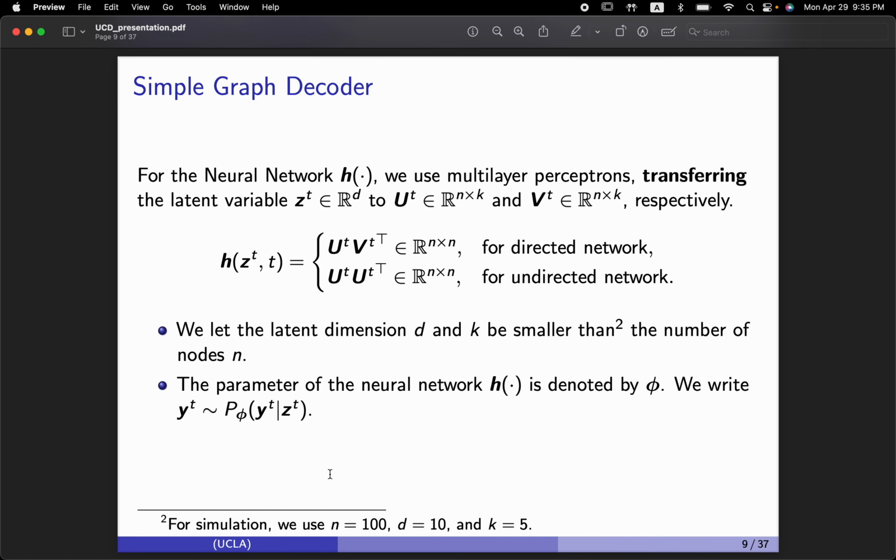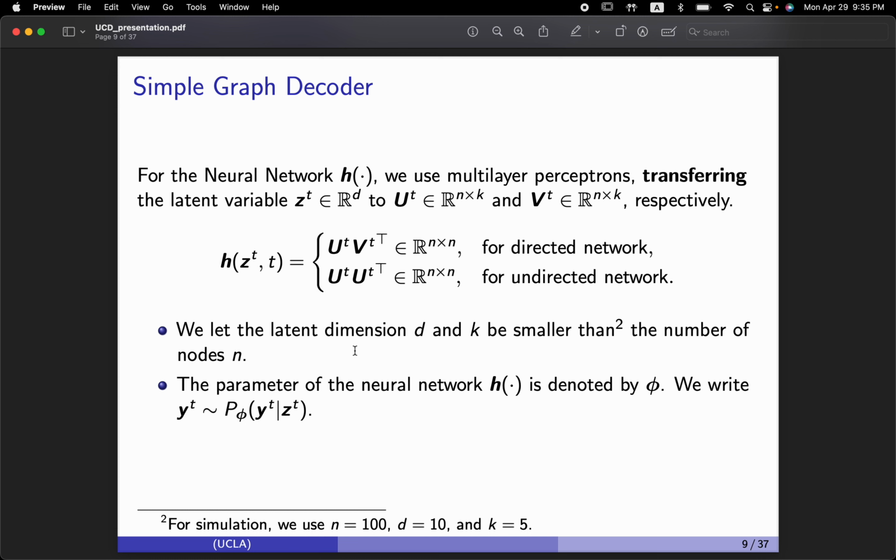Now let's further look into the neural network, which is the function h. Essentially we use a multi-layer perceptron, transforming the latent variable Z_t that is in R^d into two particular matrices: one is U_t in R^(n by k), and also V_t in R^(n by k). The output of the neural network is, for a directed network, U V transpose, so we get an n by n real-valued matrix. For an undirected network, we have U U transpose.